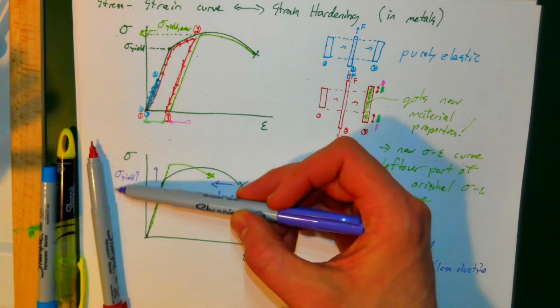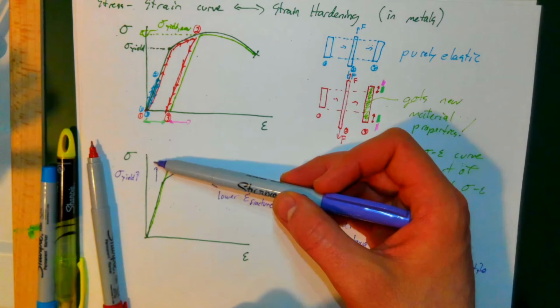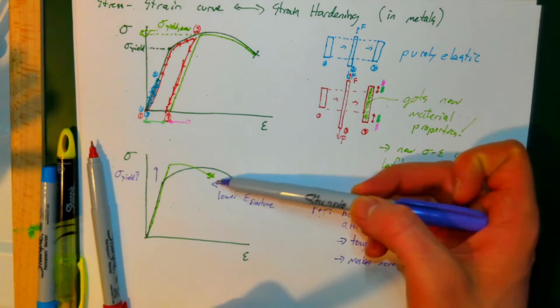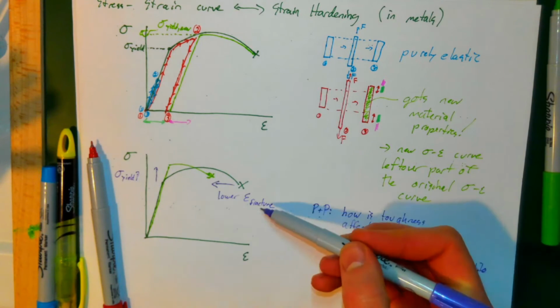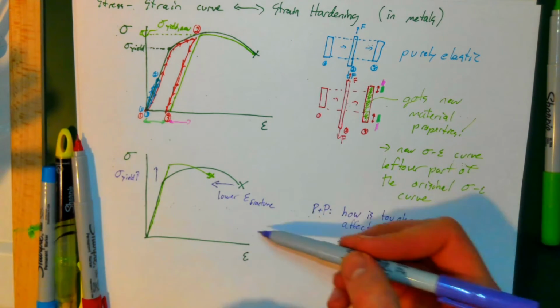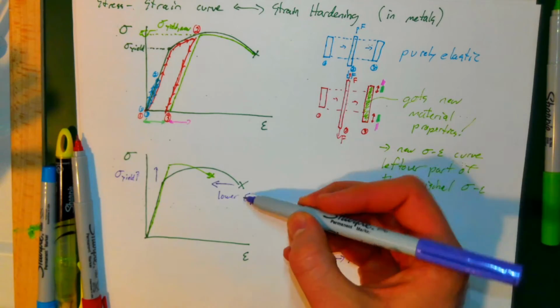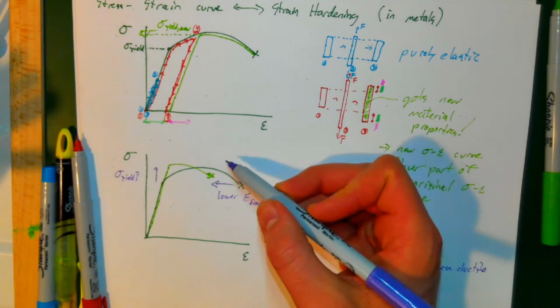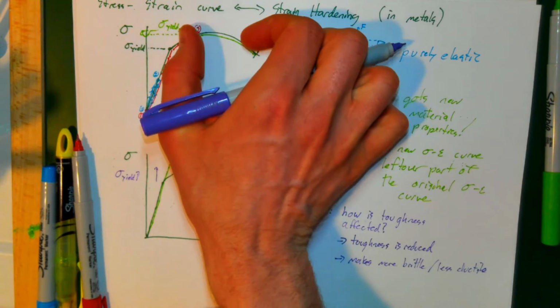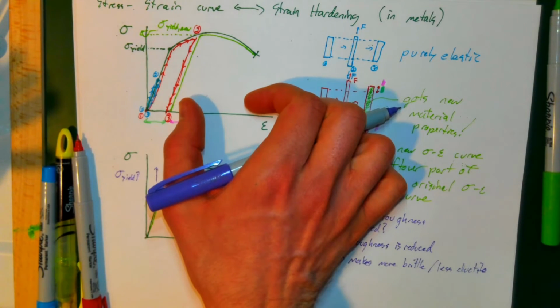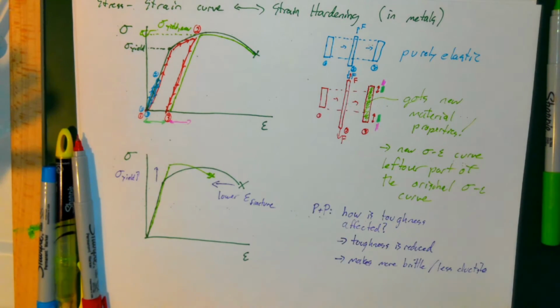So yes, our yield strength goes up, but this reduction in toughness is very problematic, and the main driver of this reduction of toughness is the lowering of the strain to fracture. That's essentially what you get by having only this remaining part of the stress strain curve left over. So toughness is reduced.